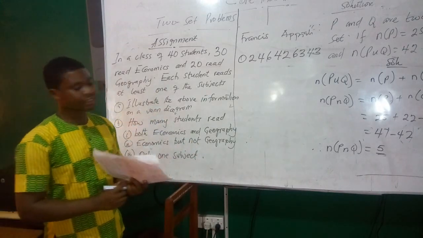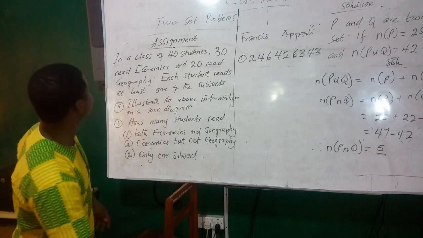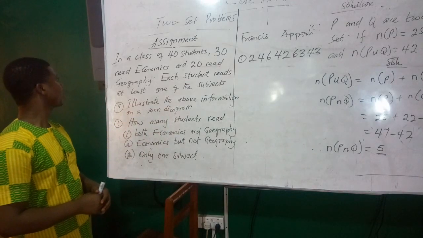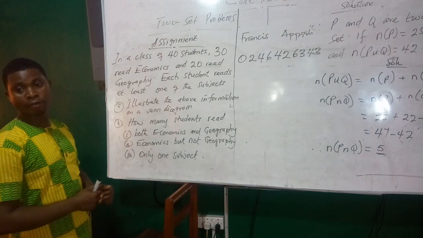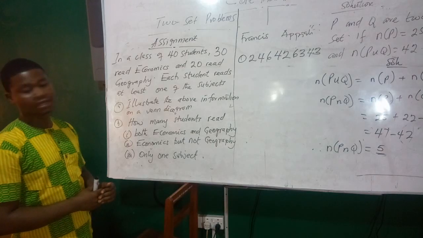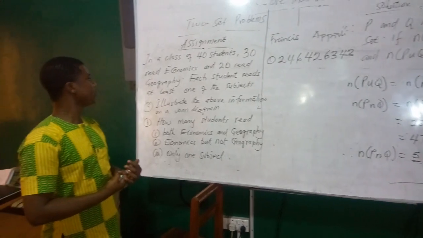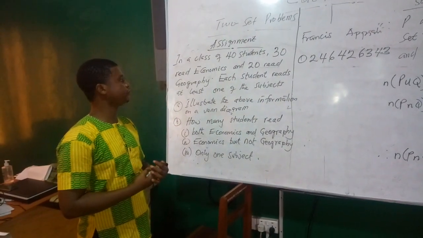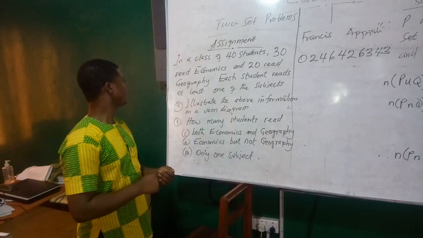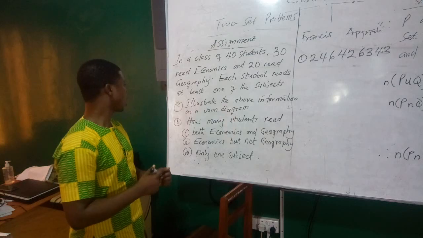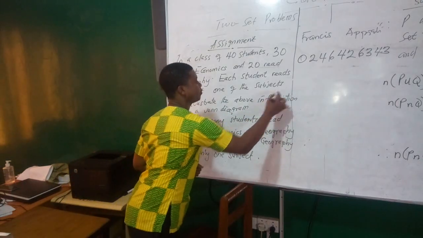So that's the assignment. Let me read over the assignment. In a class of 40 students, 30 read economics and 20 read geography. Each student reads at least one of the subjects. A. Illustrate the above information on a Venn diagram.